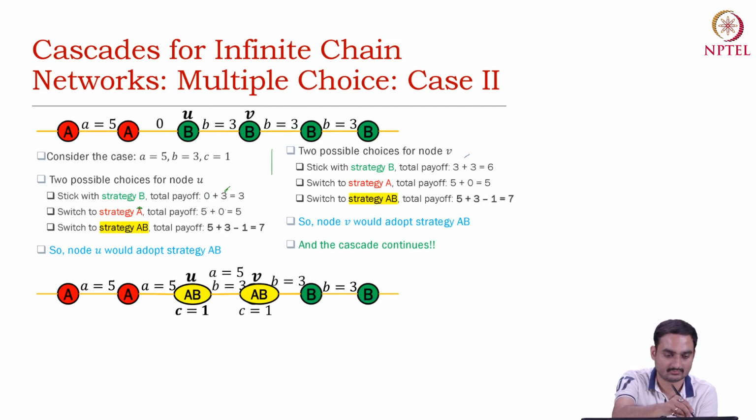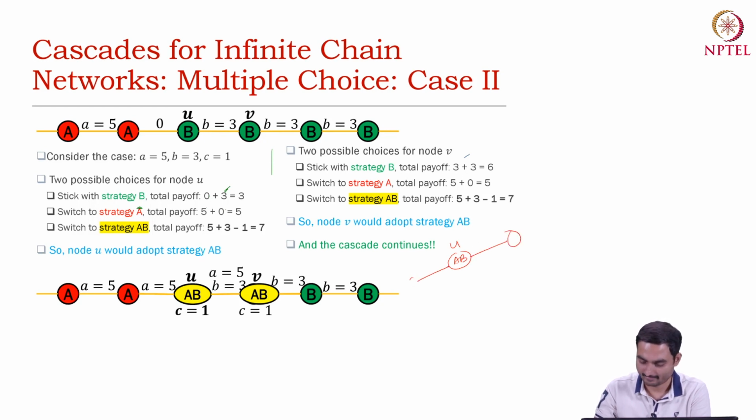Let's look at U. Let's draw it separately, using a different color. This is U, AB. U has adopted AB earlier, and this neighbor is A, this one is AB. If U switches from AB to A, what would happen?